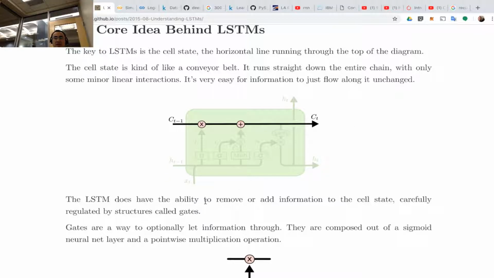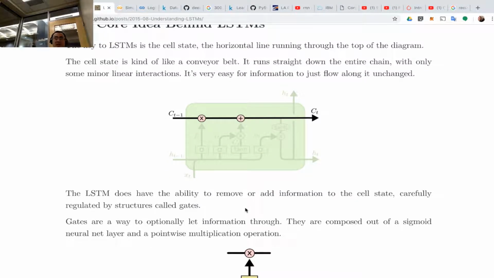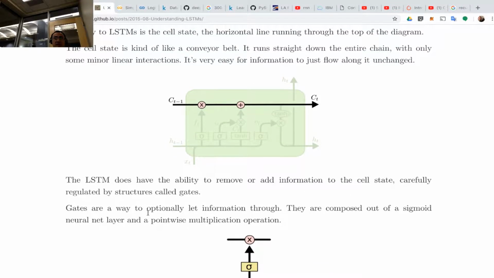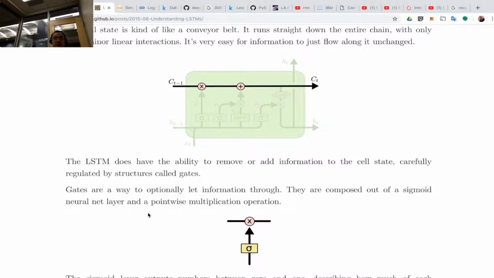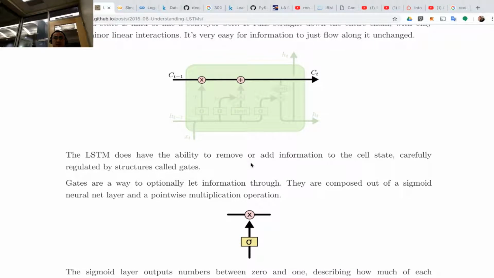The LSTM does have the ability to remove or add information to the cell state, carefully regulated by structures called gates. Gates are a way to optionally let information through.